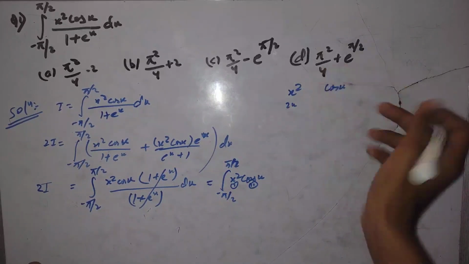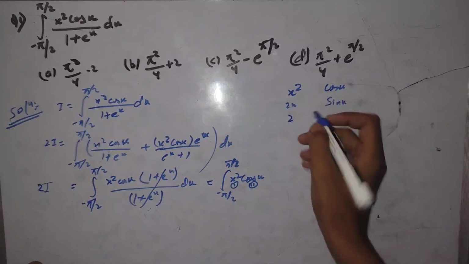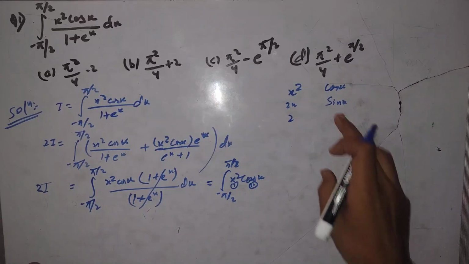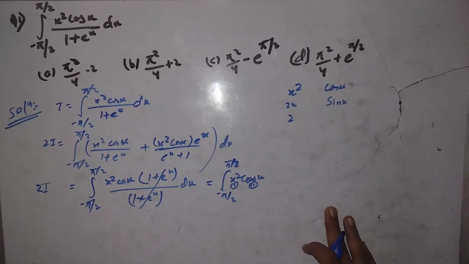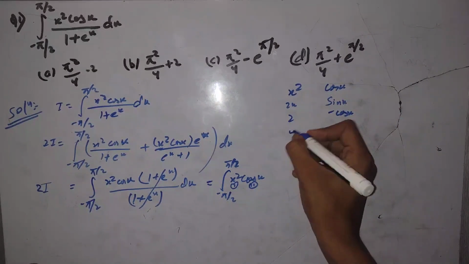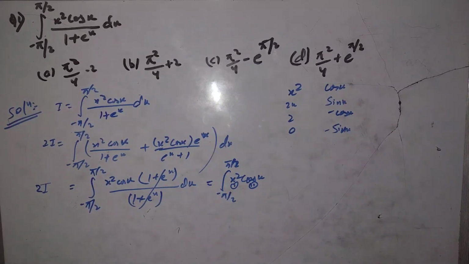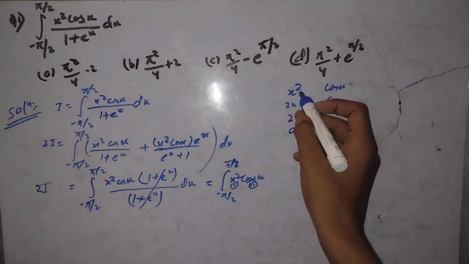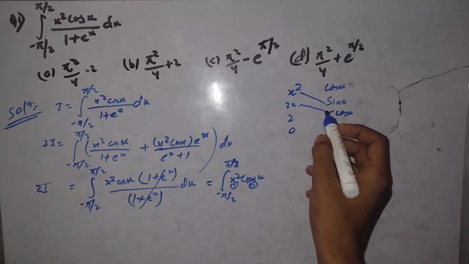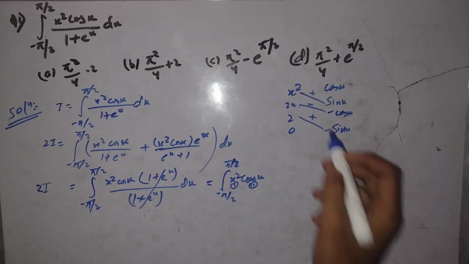This is 2x, then 2, then 0. Integrating cos x, this is sine of x, and what is the integral of sine? That is minus cos, and this is minus sine. I think that's right. And what we do is we go with alternate plus and minus signs. So this is plus, this is minus, this is again plus.